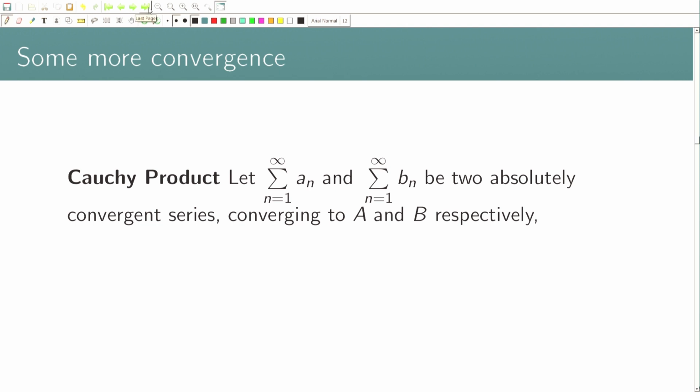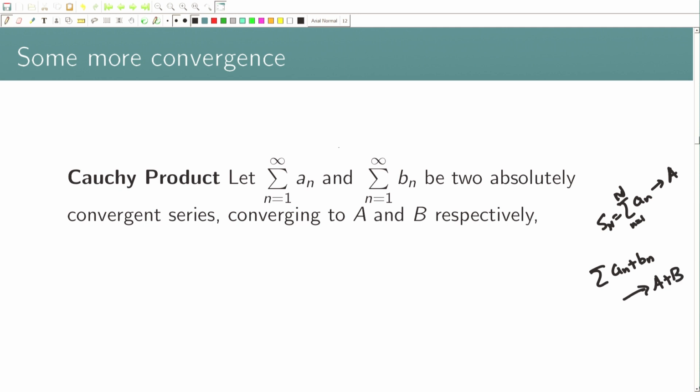Now, if we have two absolutely convergent series A n and B n which converge to A and B respectively, the partial sum of A n, S n equal to summation over n from 1 to n of A n, converges to A. Similarly, the partial sum for the series B n converges to B. Then we know that the series A n plus B n converges to A plus B.